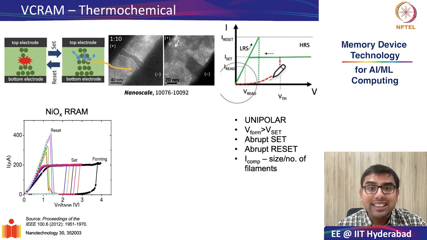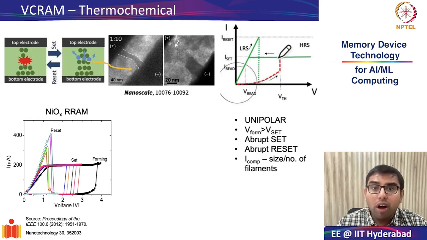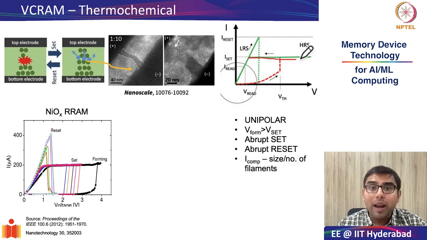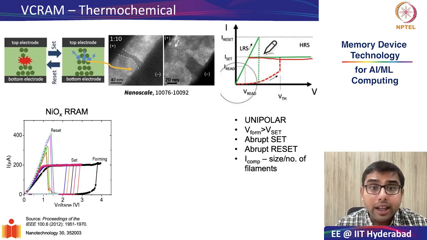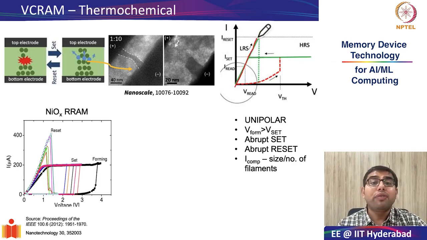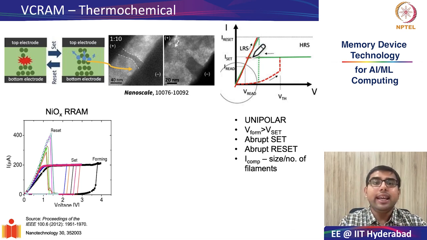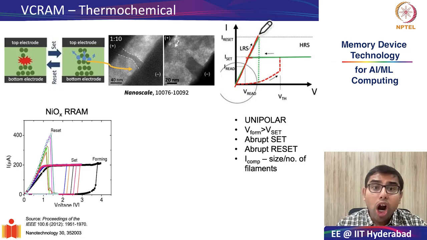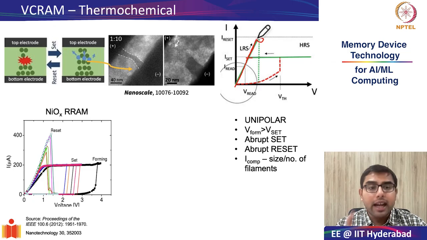However, notice, in order to limit the growth of the filament while you had applied a compliance current in the set cycle, it is absolutely essential to remove this compliance current when you are facilitating the reset cycle. If you restrict the compliance current even in the reset cycle, there will not be enough I reset to induce this Joule heating. That is the first thing.